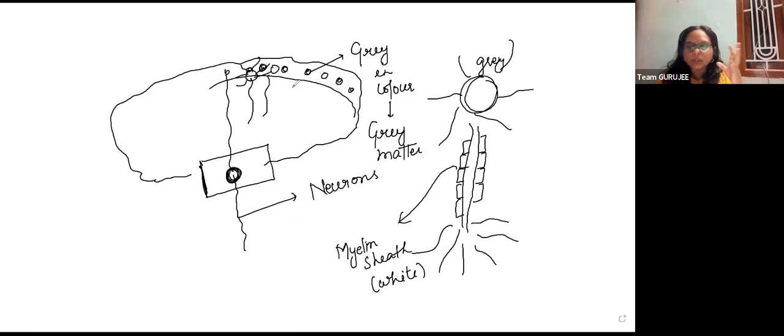Because it is not having the myelin sheath, it looks completely gray in color. So when you see this cerebrum under the microscope, the central portion will be white in color, and at the top, it will be gray.